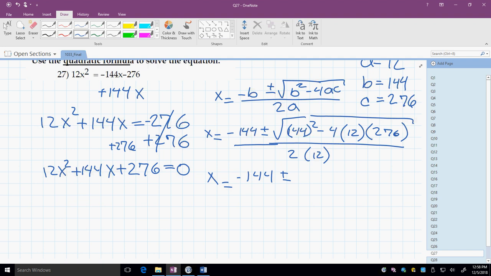So 144 raised to the second power is going to be, no. It gives me 20,736. Now I'm going to multiply everything, negative 4 times 12 times 276.